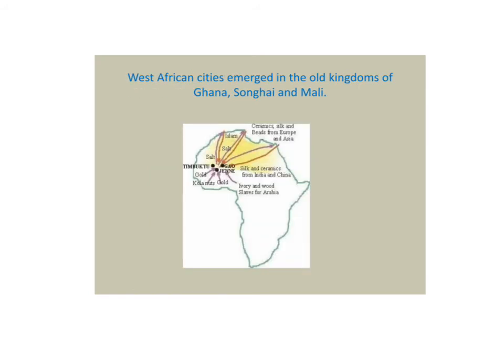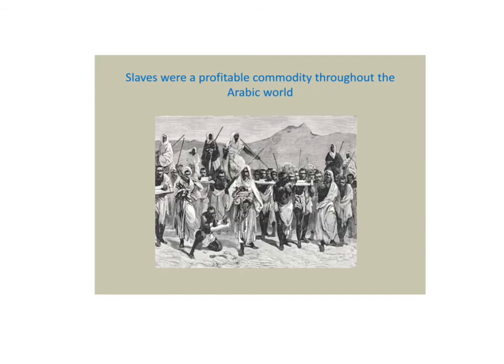And these West African cities developed out of the old kingdoms of Ghana, Songhai, and Mali. And we'll learn about those cities next week as we continue our studies of the West African trading centers. Unfortunately, there was another profitable commodity that came out of the Arabic world, and those were slaves. So slaves were something else that started to be traded in sub-Saharan Africa.